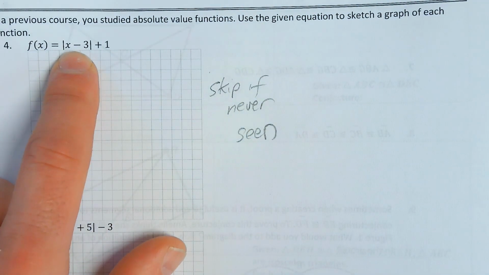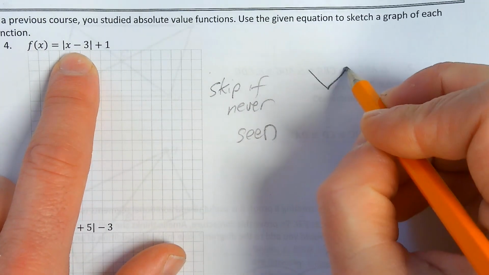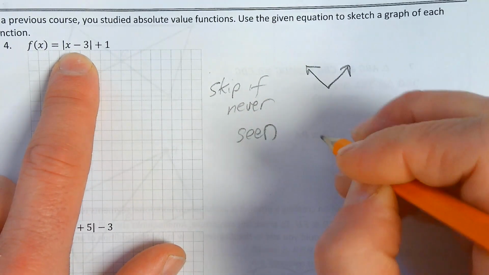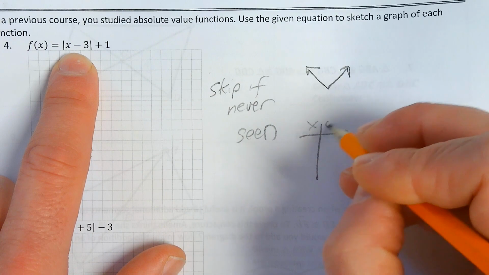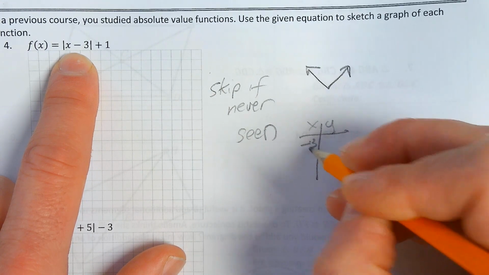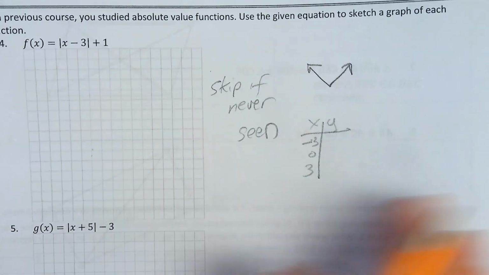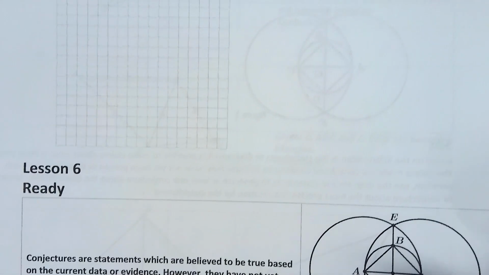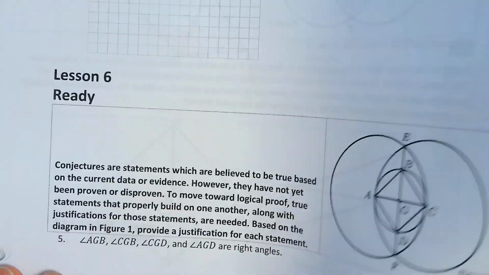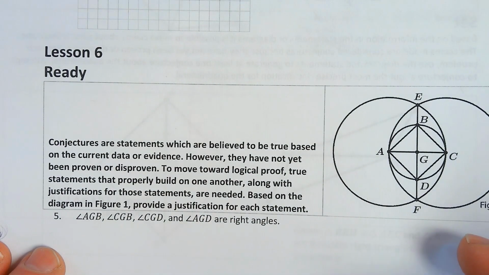If it's positive, you keep the positive value. The graphs end up looking like a V. And you can make a T-chart. And plot some points. And we're ready for the homework.